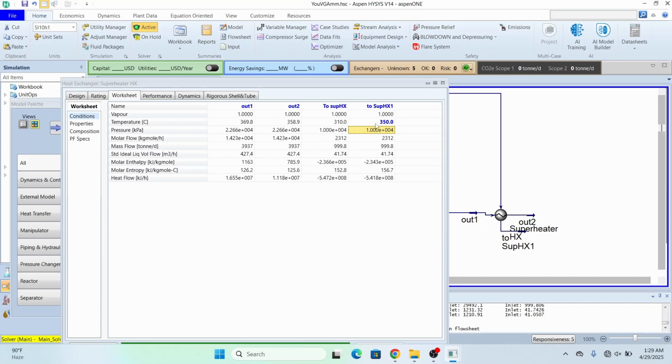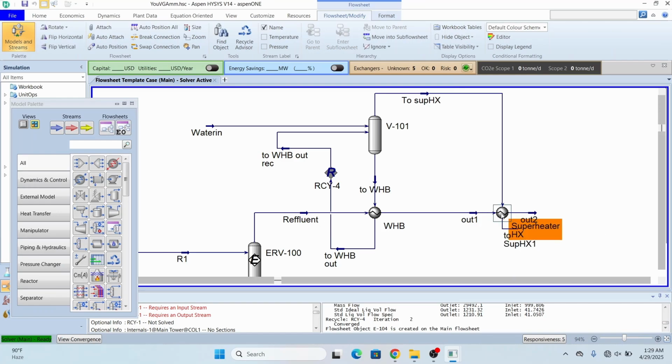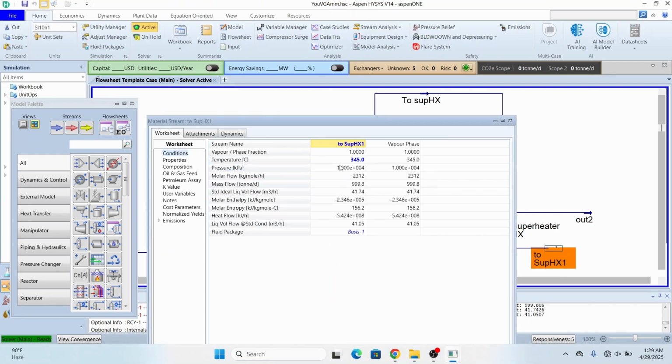After increasing my temperature to 350 degrees, you can see that the temperature you are getting is 358, so the temperature difference between these two is very small, around 8.9 degrees. So you can reduce this to 345 degrees, and now you can see that a 15-degree delta T is present. That is good. Now you have superheated your steam, and if I double click on it, the superheated steam's temperature is 345 degrees.